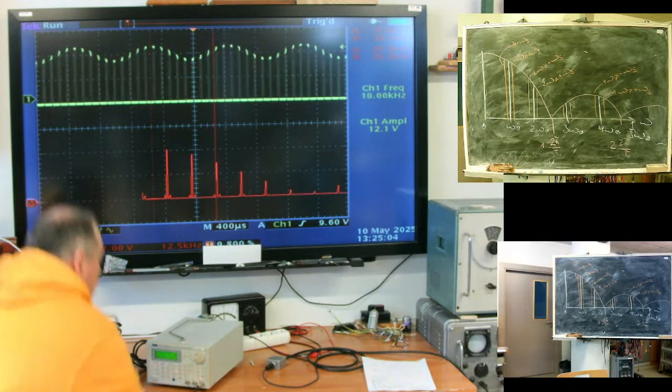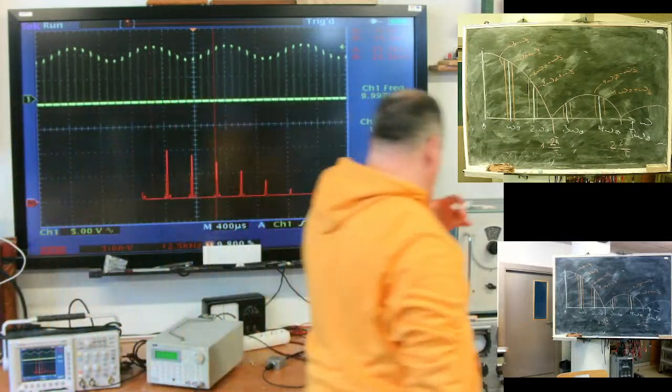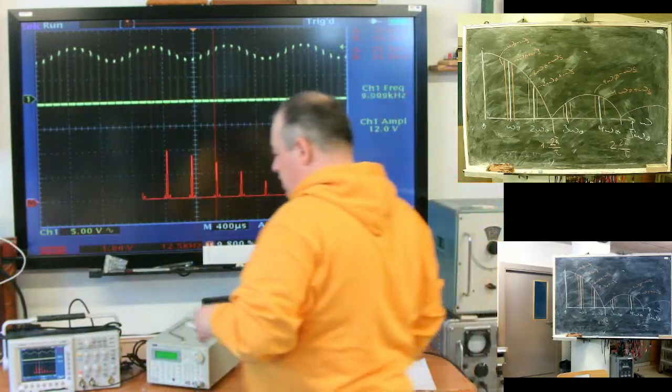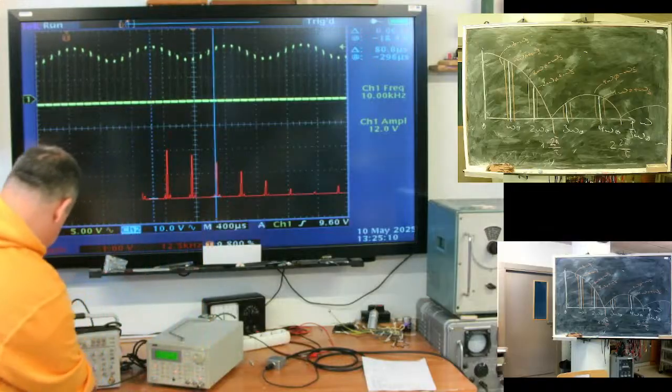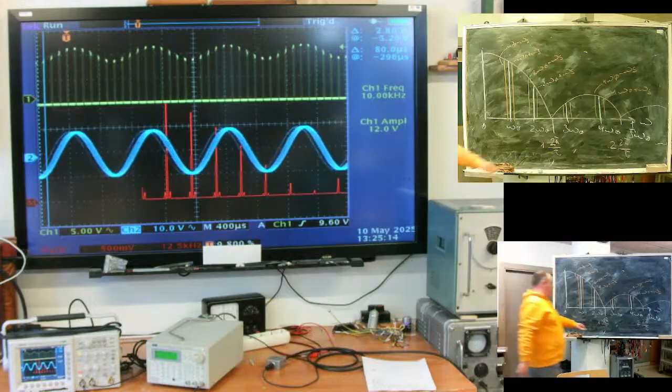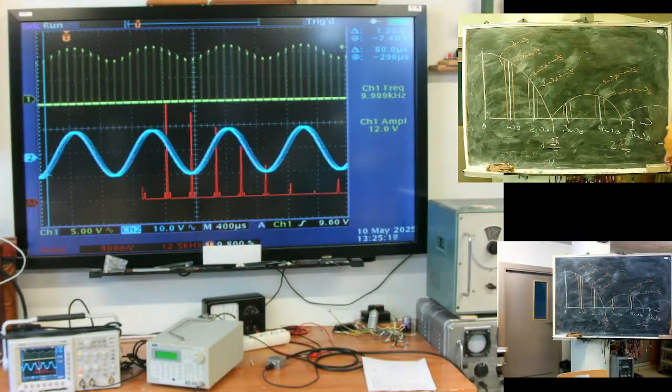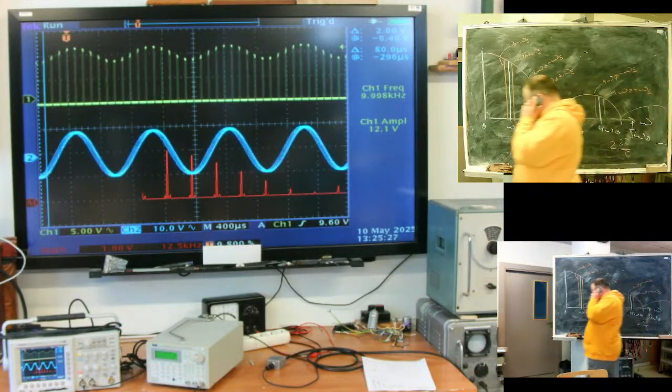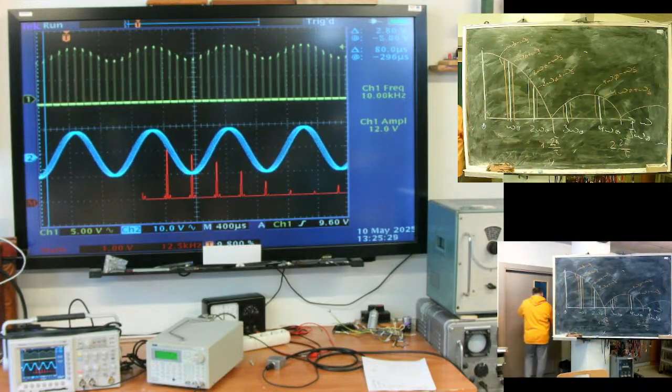Take a look, I'm adding, one moment, come here. Here, the blue line is the signal I'm using to modulate.